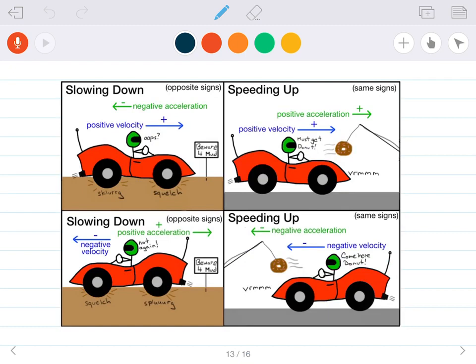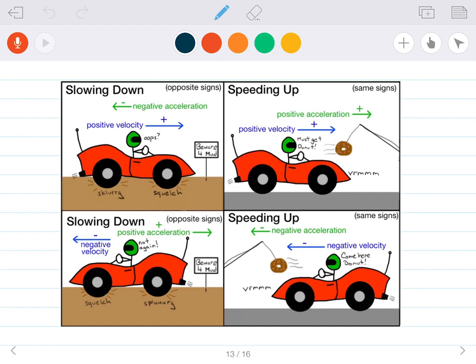All right, so this is kind of important. Again, we're going to get more into velocity and acceleration once I teach you the shortcut. But for now, let's just talk about acceleration and velocity and what that means in terms of speeding up and slowing down. Slowing down is if you have opposite signs.